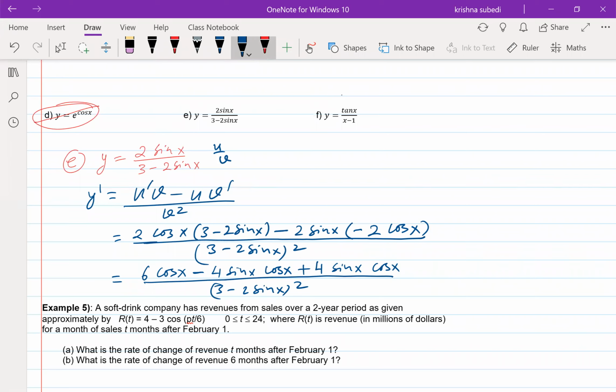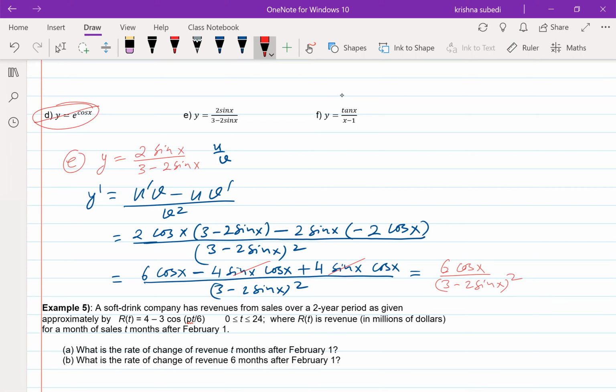If we can cancel anything, you can cancel that out. I see that we can cancel this too. So our final answer is going to be 6 cos x over 3 minus 2 sine x squared. That should be our answer.